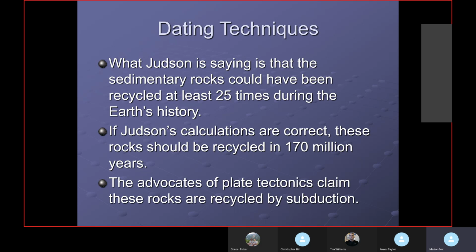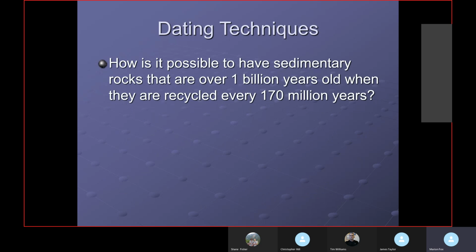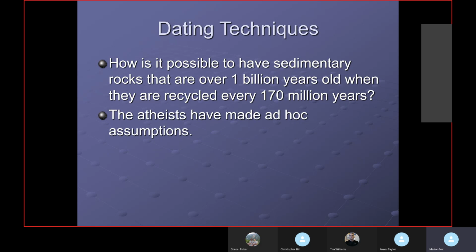That's what they claim. Now we've got a problem. How is it possible to have sedimentary rocks that are over a billion years old when they're recycled every 170 million years, at the present rate, using uniformitarian assumptions? These are all based on uniformitarian assumptions. The atheists have made ad hoc assumptions, that is, assumptions before they have any evidence.